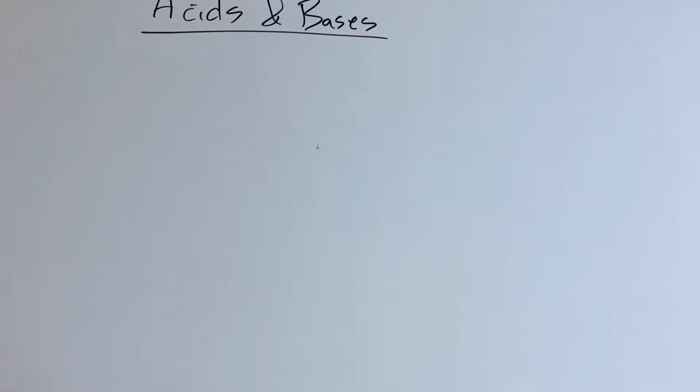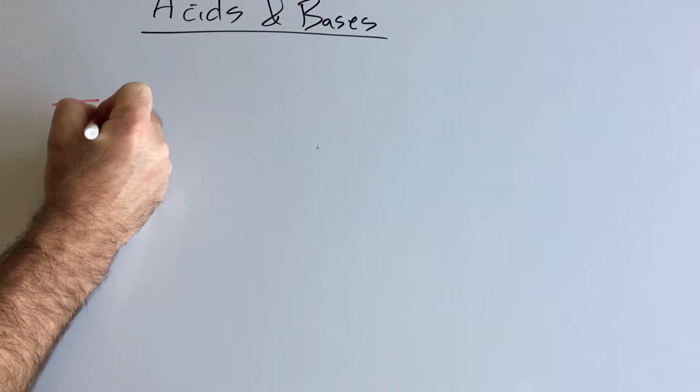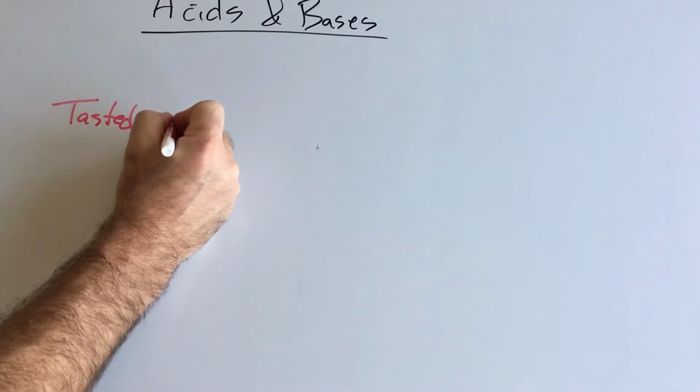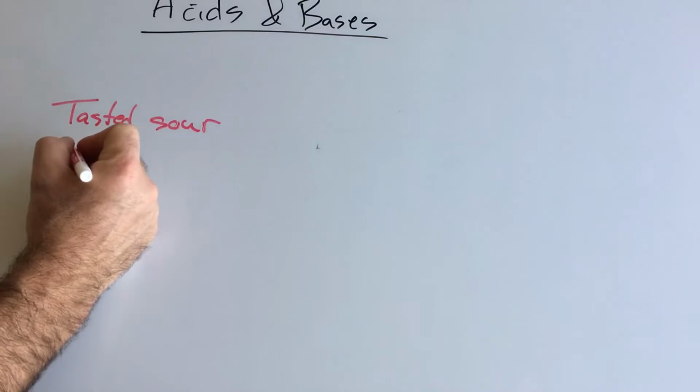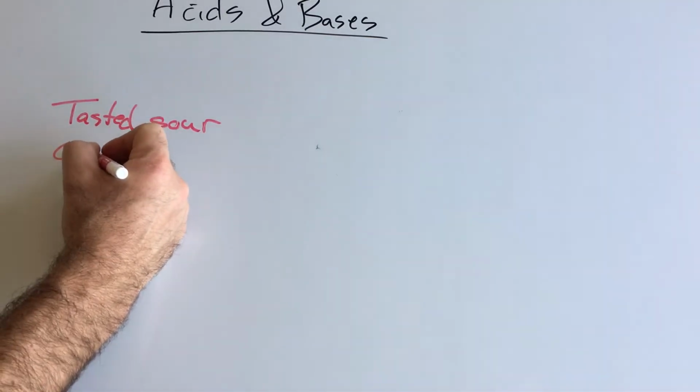Before we get into actual notes and everything, I want to talk a little bit about the history of acids and bases. We've known about them for a long time, all the way back to the ancient Greeks. And we knew that stuff came in kind of two different flavors. Actually, I guess three. The one flavor is it doesn't do anything. Wood doesn't do anything. Metal doesn't do anything. Water doesn't do anything. But there were some things that we noticed tasted sour if we tasted them and corroded metal.